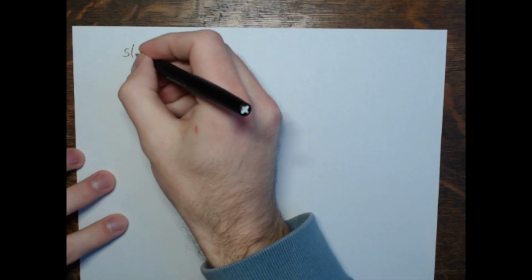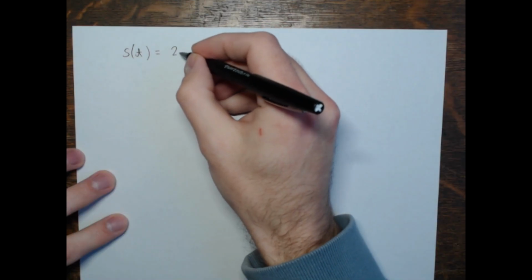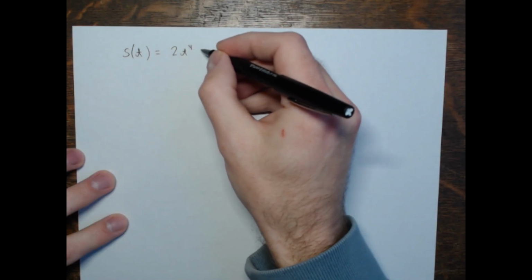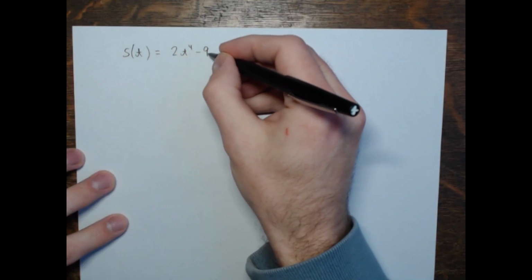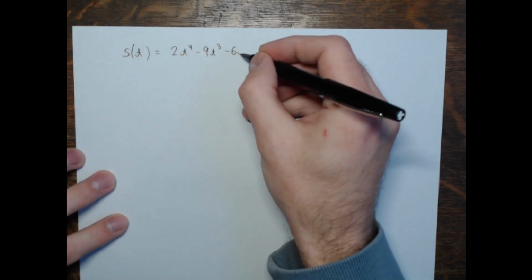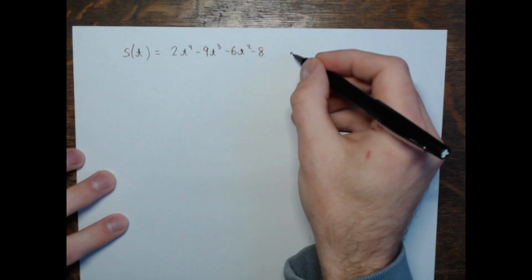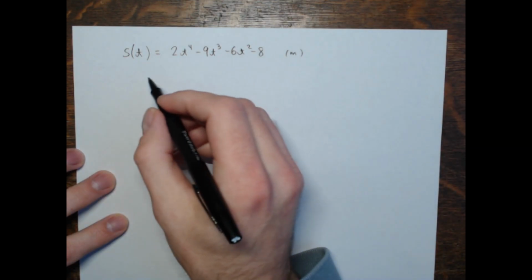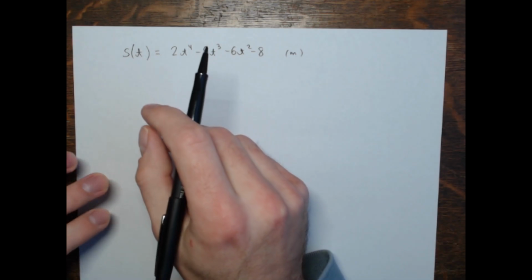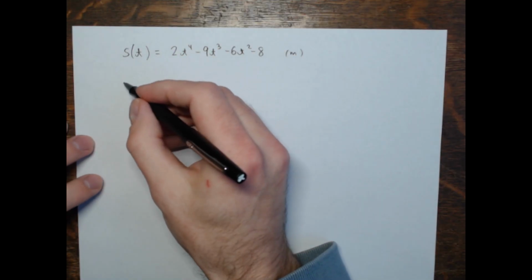So again, the position is given by this polynomial, 2t to the fourth minus 9t cubed minus 6t squared minus 8. And this is in meters here. And then the velocities are in meters per second, and accelerations in meters per second squared.